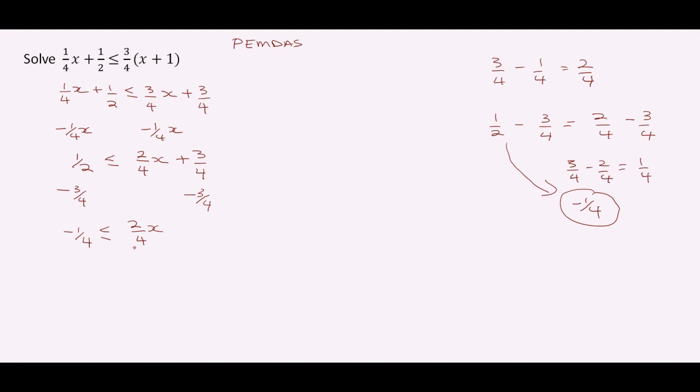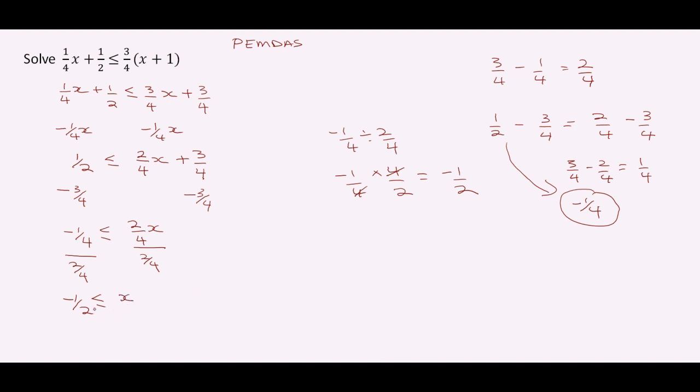Now we divide both sides by 2/4. Negative 1/4 divided by 2/4 is the same as negative 1/4 times 4/2. So 4 crosses out, and then we have negative 1/2. So now we have negative 1/2 less than or equal to x.